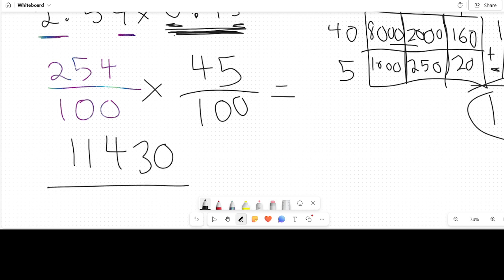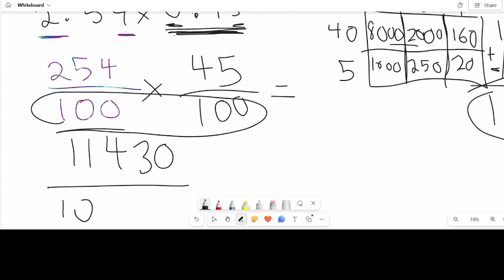And then my denominators, which I'm going to multiply out, I get 100 times 100, which is equal to 10,000. Remember, I did 1 times 1, and then I attached 4 zeros after my 1. Okay, so I am working with the 10,000ths place.